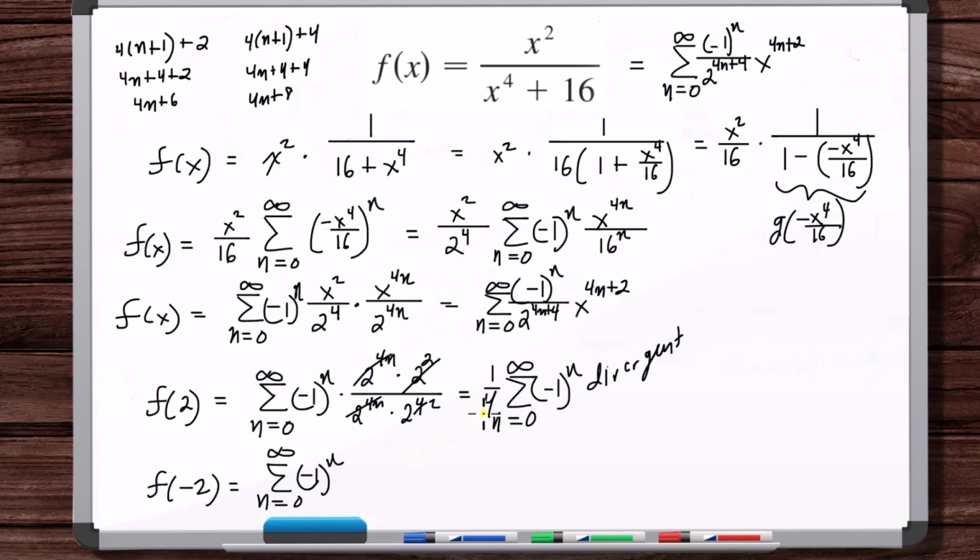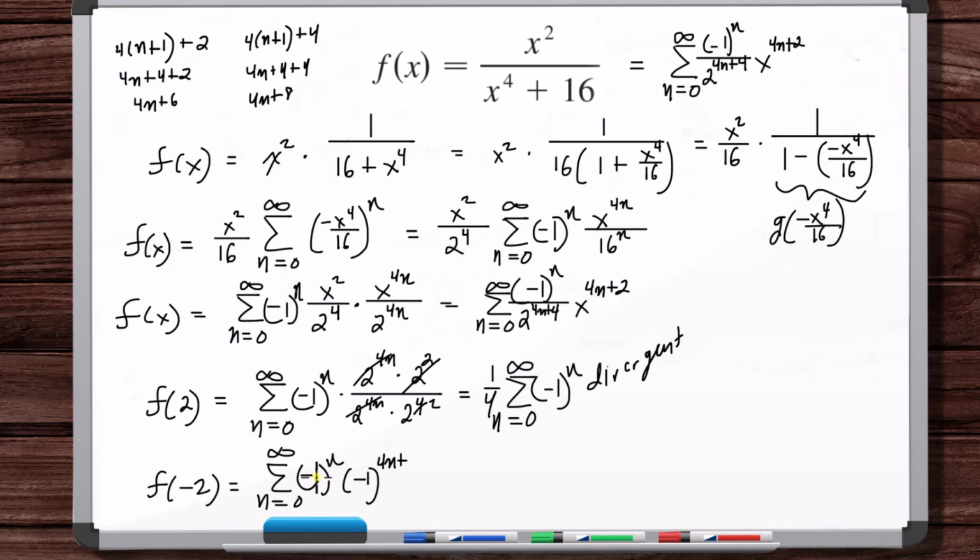minus 2 to the 4n plus 2. So you can take out a minus 1 to the 4n plus 2. Combine those, you get minus 1 to the 5n plus 2. So it's going to be alternating. And so 5n plus 2, when n is equal to 0, that turns minus 1 into a positive.